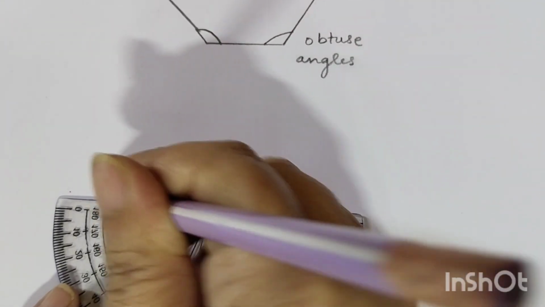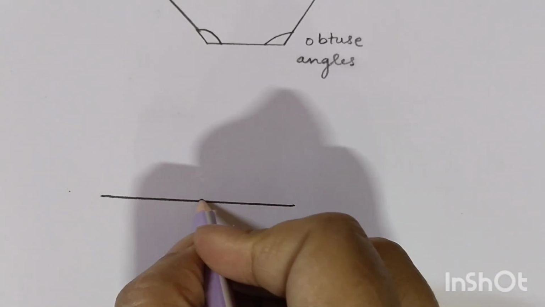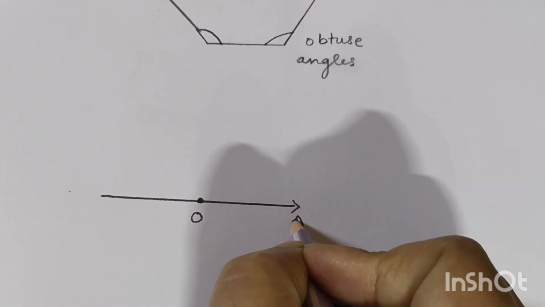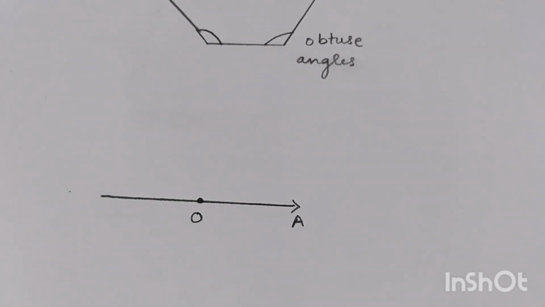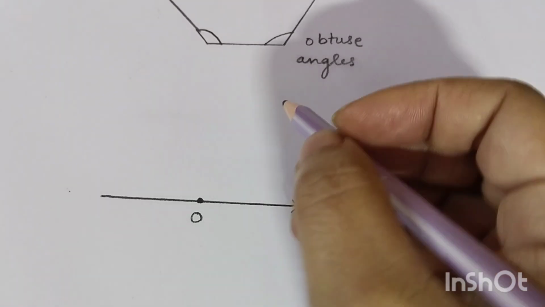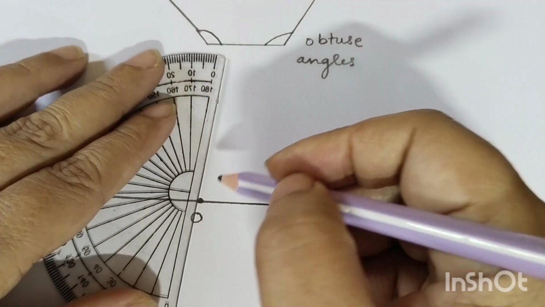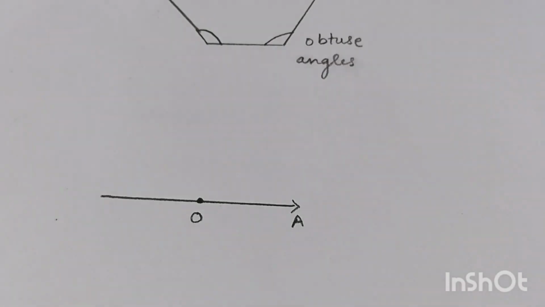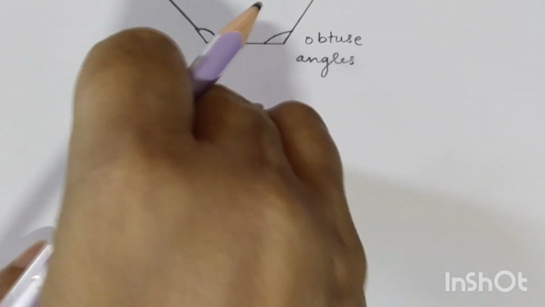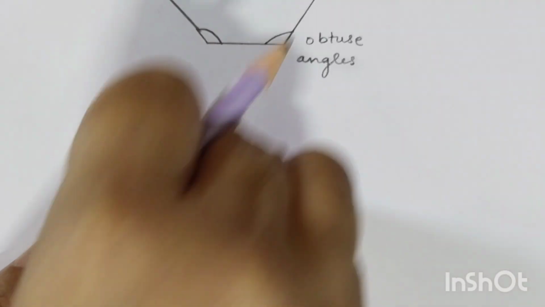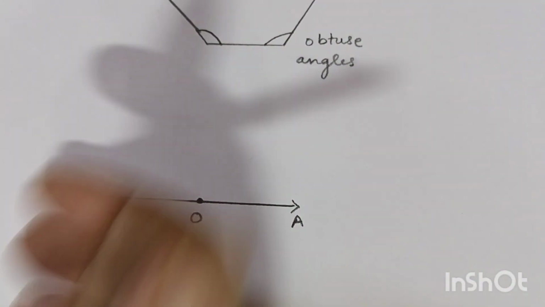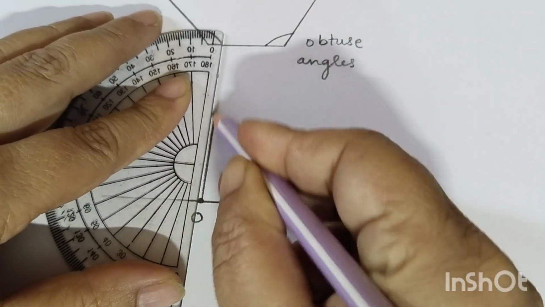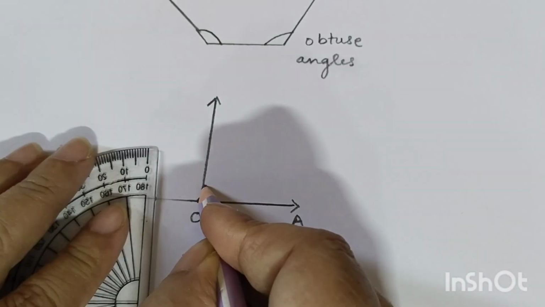Mark a line, simple line. O point, this is ray OA. One right angle is there.